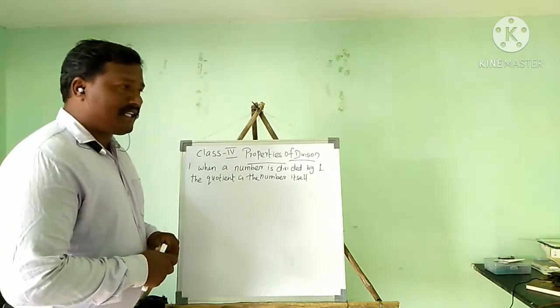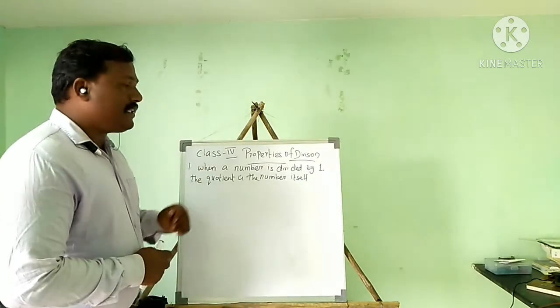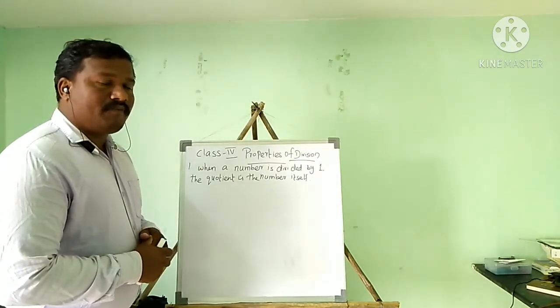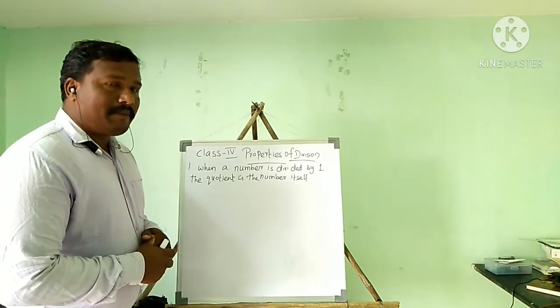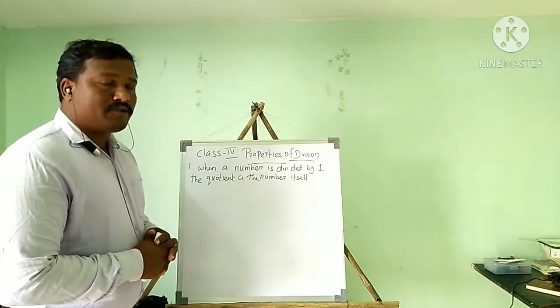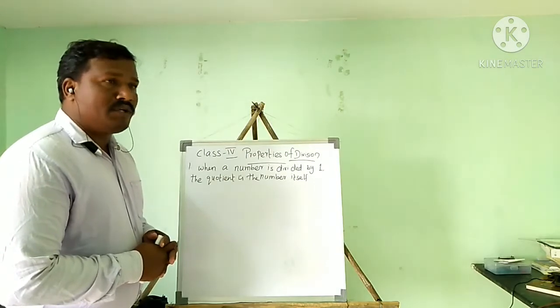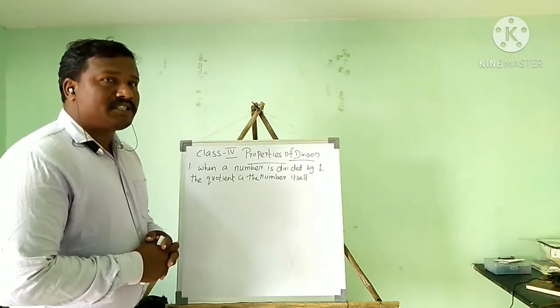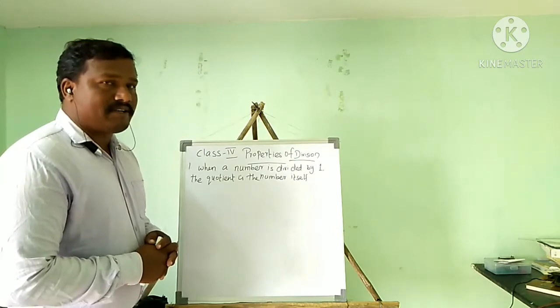First property: when a number is divided by 1, the quotient is the number itself. You know very well what is quotient, dividend, divisor, and remainder.